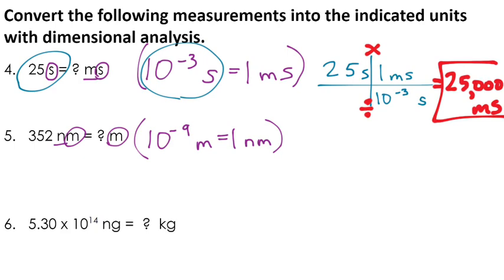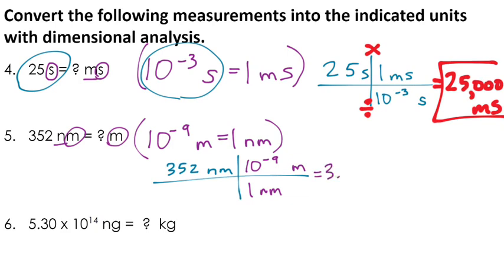And if we take our given, which was 352 nanometers, then we're going to take the nanometers side of our equation this time and put that down on bottom because we had nanometers on top. We need those to match, which means we're going to be putting that 10 to the negative 9th meters on top. And now we can just multiply 352 times 10 raised to the negative 9th power.